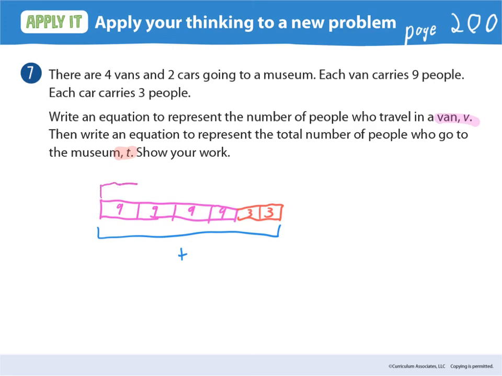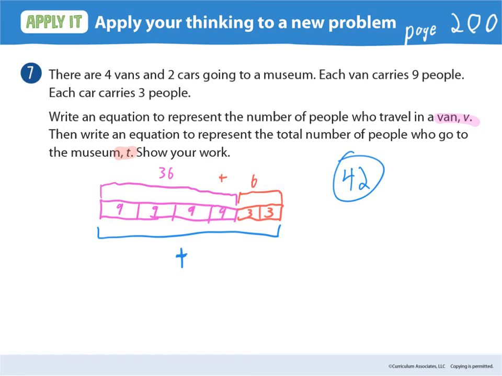We know what 9 times 4 is, hopefully. It's 36. We know what 3 times 2 is. Hopefully it's 6. And if we just put those together and add them, we will get our T. Hopefully you got 42.